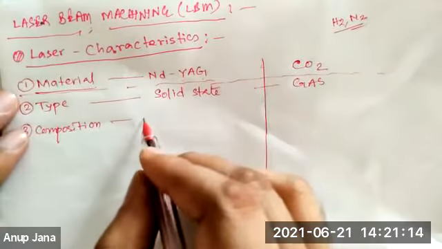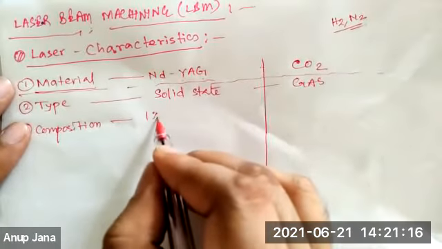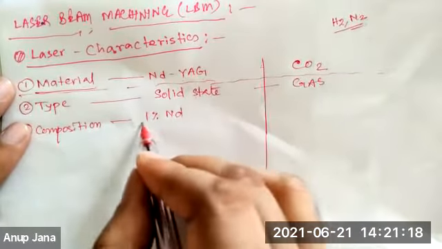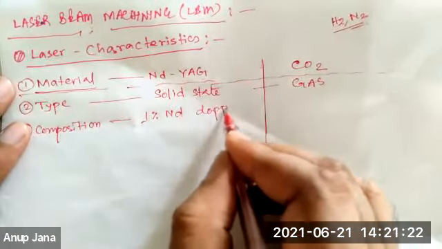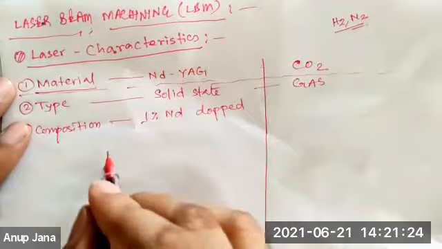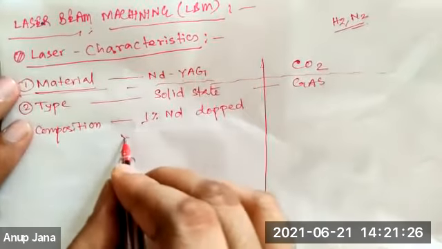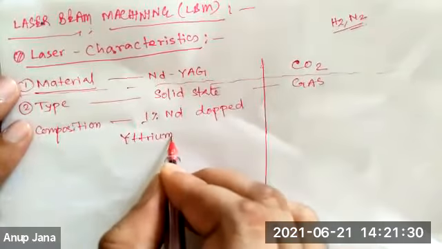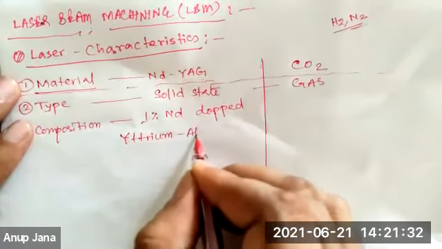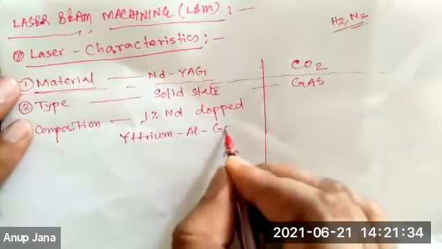So what happens in this case? We use 1% ND, which is doped in with yttrium, aluminium, and garnet.